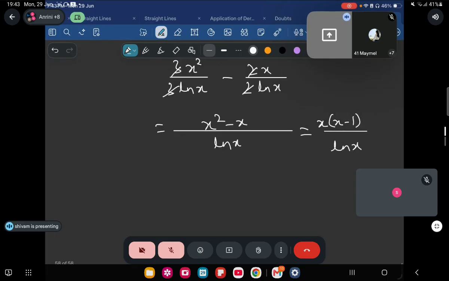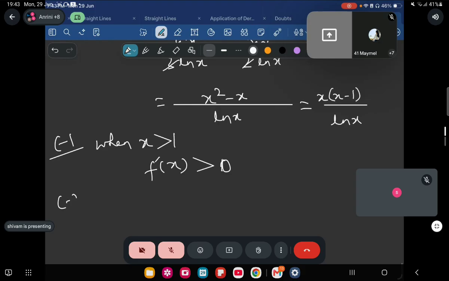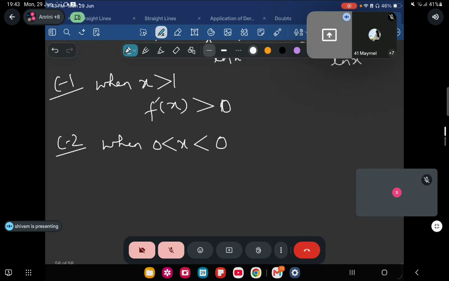Now there will be two cases. Case 1, when x is greater than 1. When x is greater than 1, then there is no problem, right? F dash x will be greater than 0. Case 2, when x is lying between 0 and 1. In this case, ln x is positive or negative?